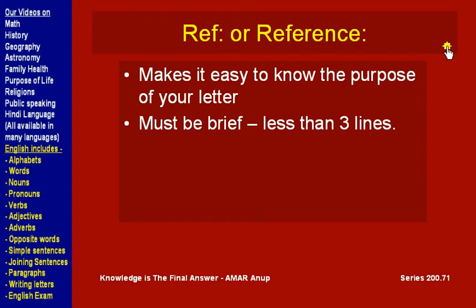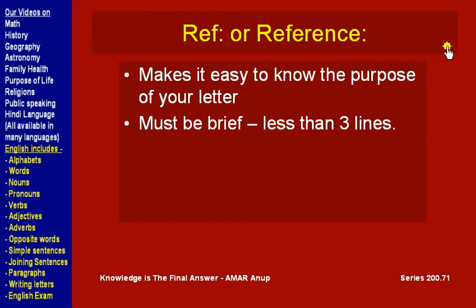Remember, the reference should be very brief, usually 1 line, maximum 2 lines, never to exceed 3 lines, unless you are giving reference to previous communication. Suppose there is a company where you have written 4 letters in the past, then you can write 1, 2, 3, 4 and give reference of those letters.